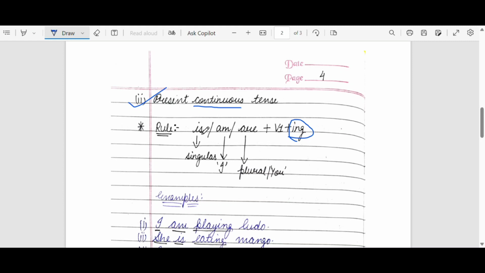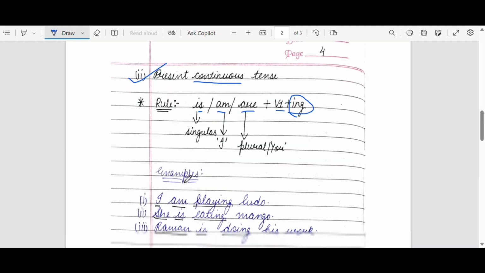The rule for the same is is, am, are plus V1, that is the first form of verb, plus ing. Suppose the V1 is play. Plus ing, it forms playing. Let us come to the point. Is is used for singular, am is used for I, and are for plural or you. Suppose is, she is, am, I am, are, you are, or we are.